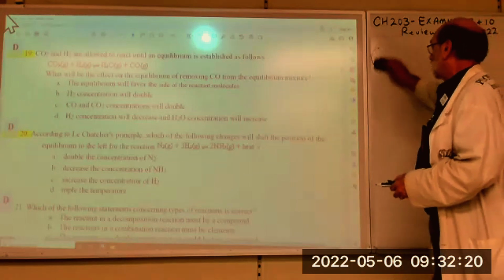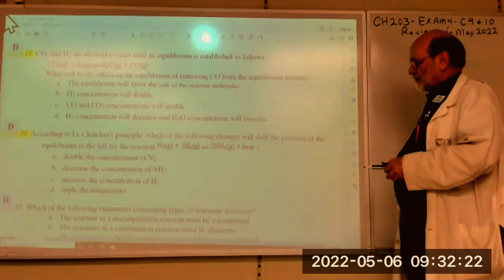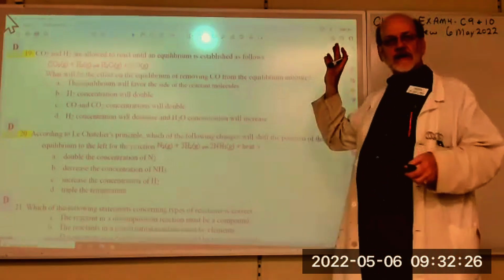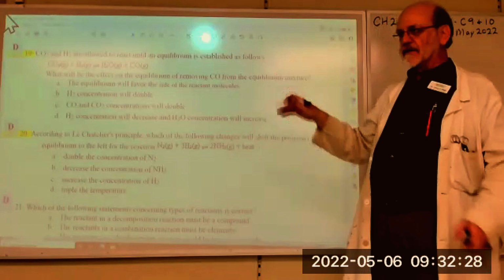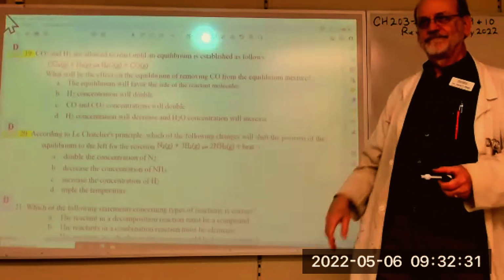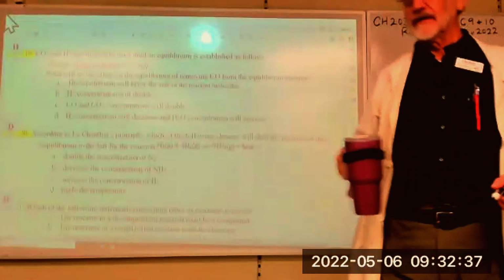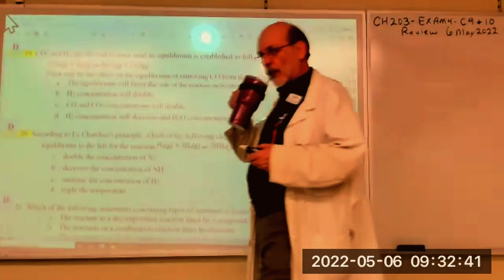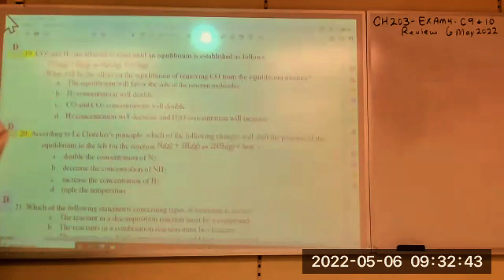Now, that's an equilibrium shift. What effect will that have on the equilibrium constant? Zero. No effect whatsoever, because it's a constant. We didn't change the temperature, so the constant won't change. How about the equilibrium position?